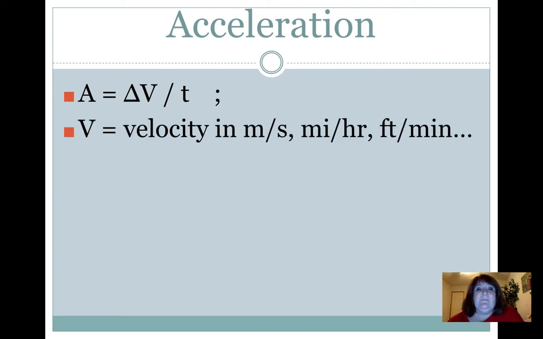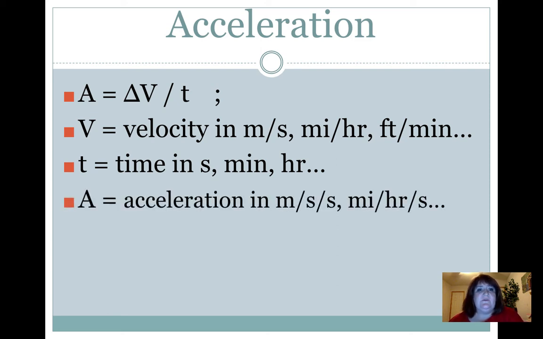Velocity, remember, is a mixed unit. It's a distance unit over a time unit. And there can be lots of different ones. The main one we're going to use is meters per second. So remember, velocity is a mixed unit. Time is in seconds, minutes, hours. It's a single unit all by itself.